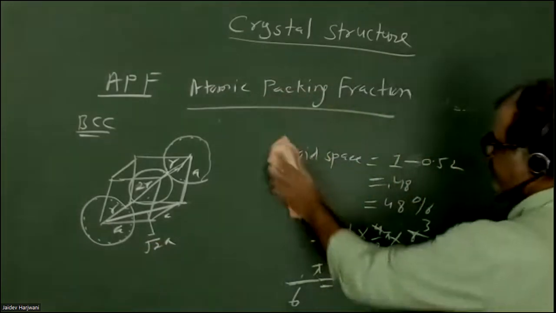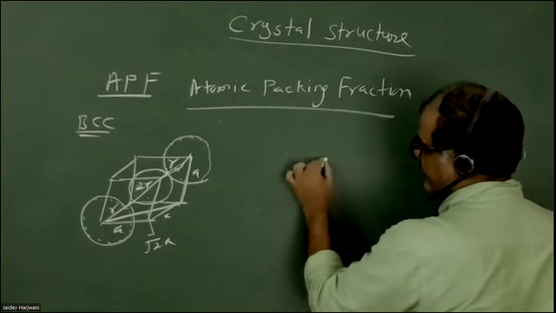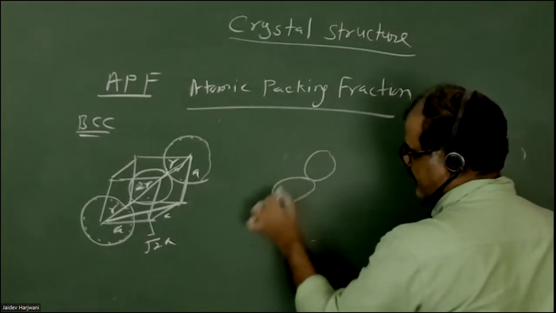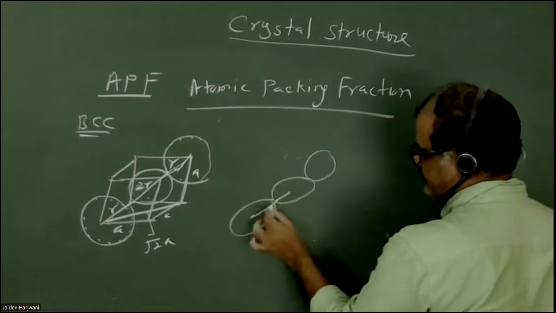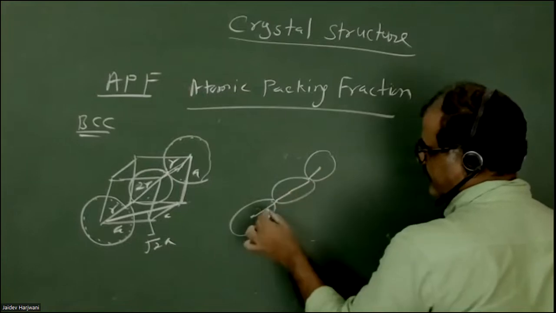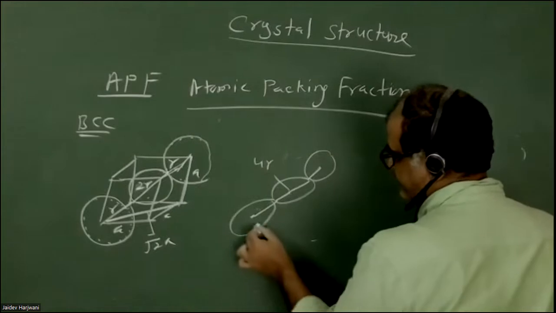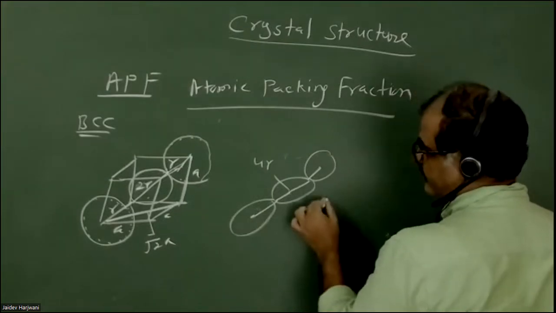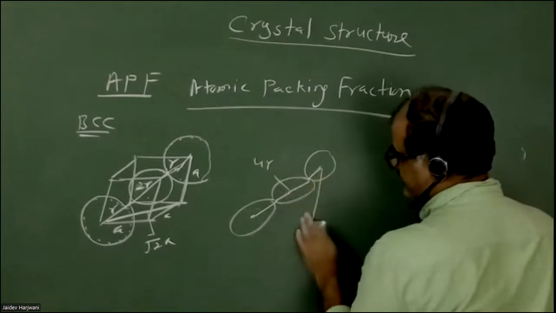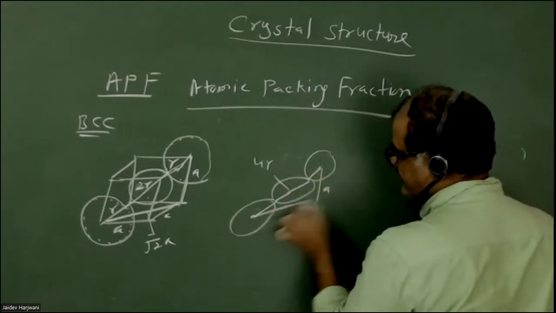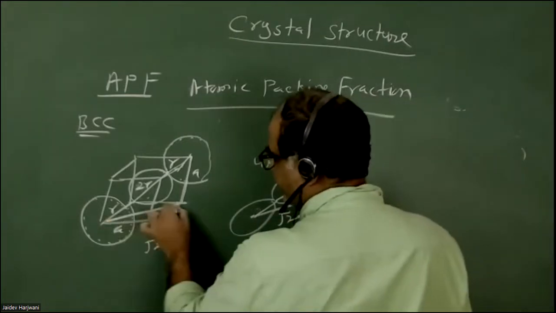So to find the relation, we have these 3 atoms: R, 2R, R, in total 4R. Then we have this distance A, and this distance is root 2 A. These are all perpendicular.